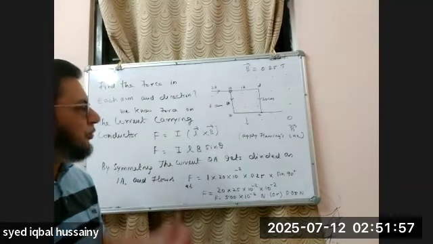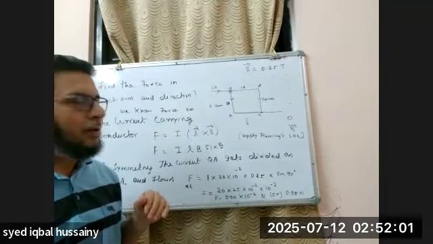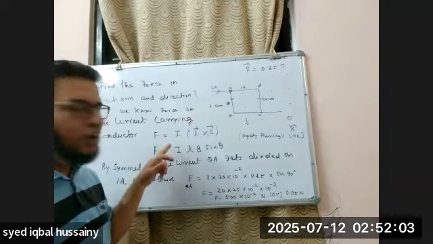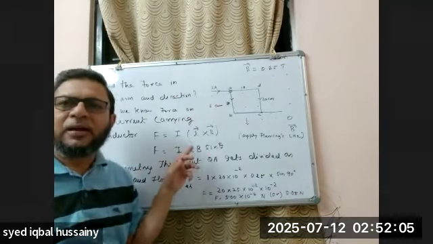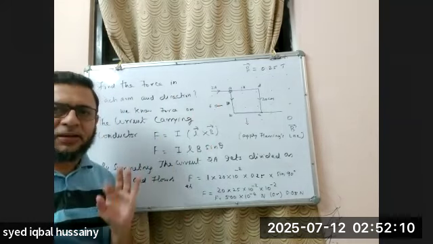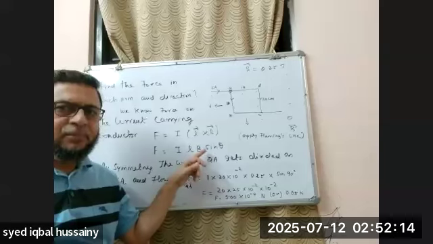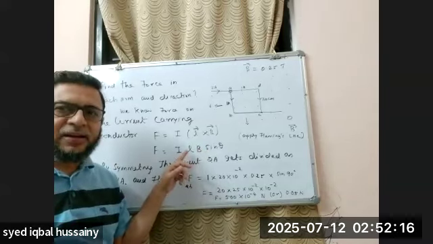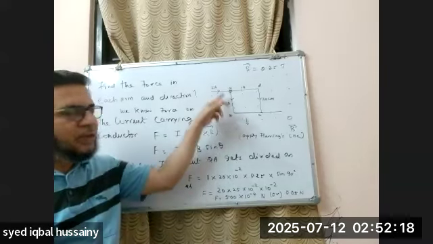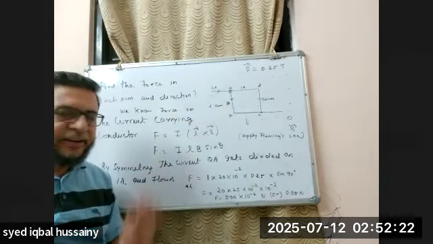The force on a current carrying conductor formula you should know. In vector form, F equal to I, L cross B, or F equal to ILB sin theta. This theta is the angle between the length of the conductor and the magnetic field, and that is 90 degrees.